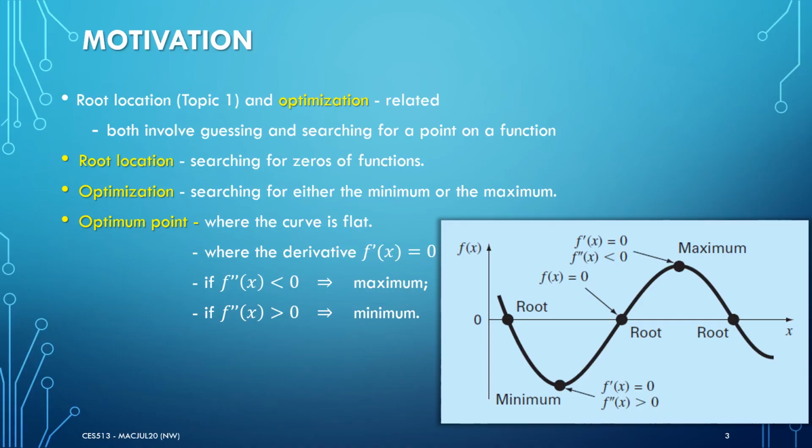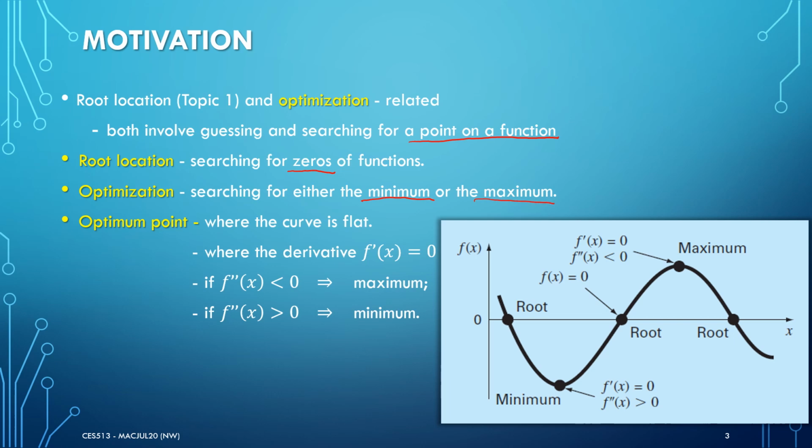Okay, optimization and root location, if you can remember from topic 1, are actually related in the sense that both involve guessing and searching for a point on a function. Root location is searching for zeros of functions, while optimization is searching for either the minimum or maximum point.